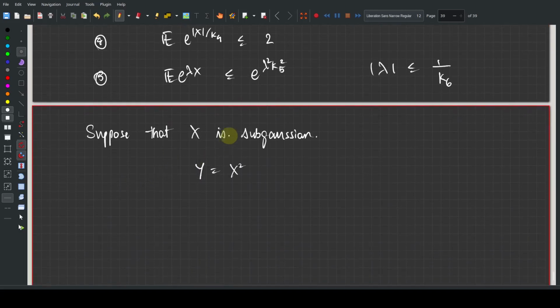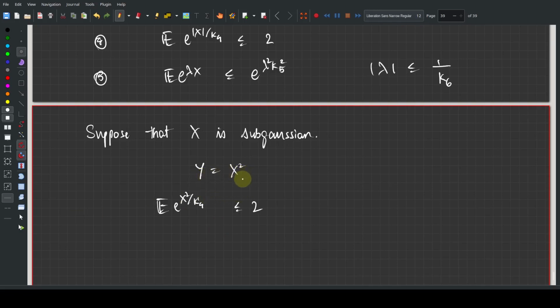Because I know that if X is sub-Gaussian, then the expected value of e to the X squared divided by some K4 prime is less than or equal to 2. Right?